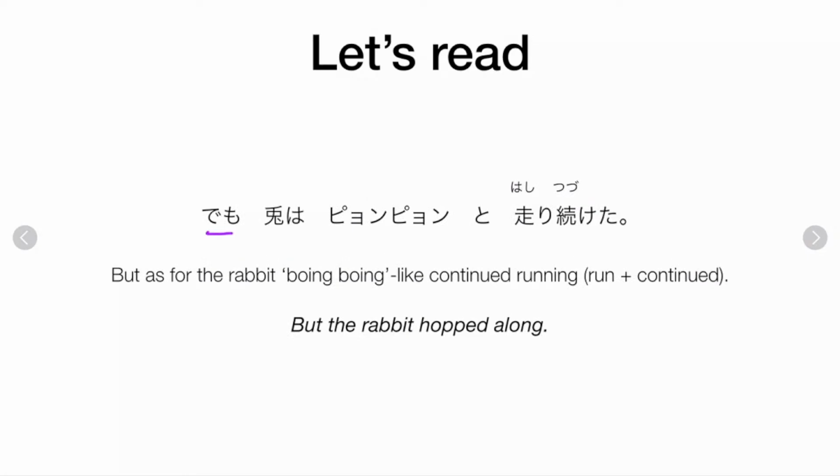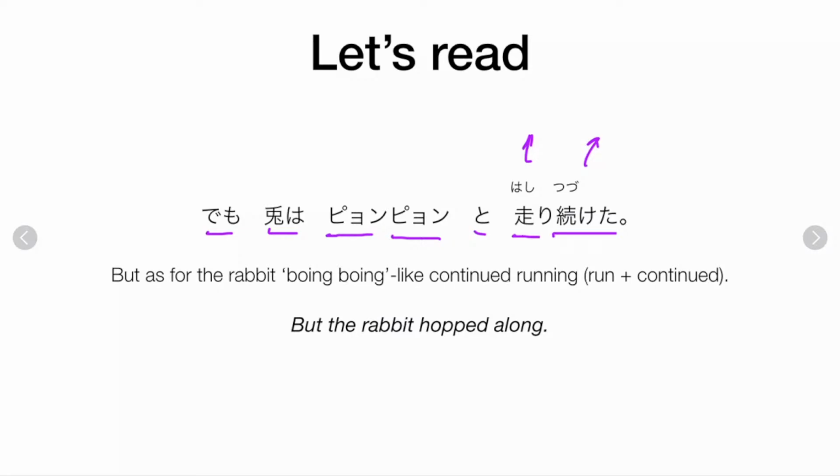Demo, but we talked about this as well. You have one sentence, you have a second sentence, you contrast them with demo. Demo, usagi wa, but the rabbit, byon byon to hashiri tsuzuketa. So hashiru is to run, tsuzuku is to continue. So hashiri tsuzuketa is it continued to run.